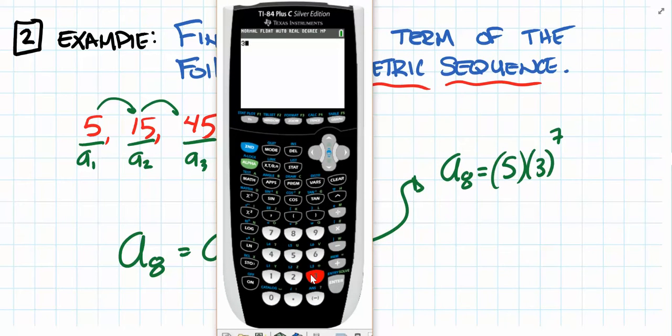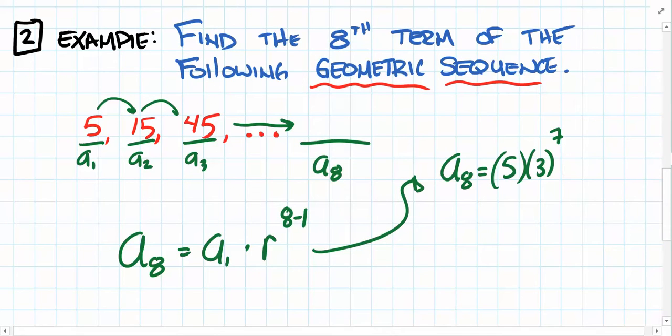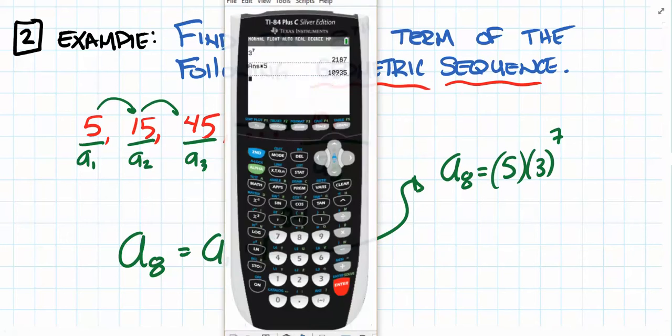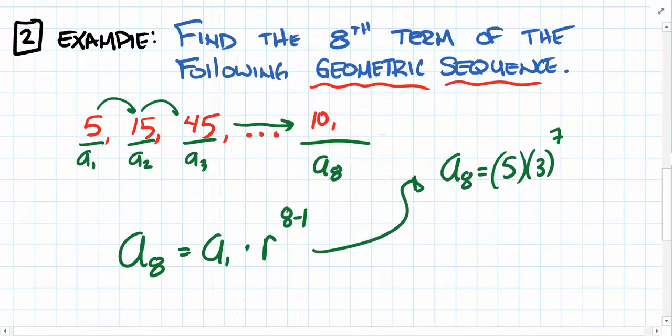I would go 3 to the 7th power first, and then multiply my answer by the number 5. And I'm getting 10,935. So the 8th term would be 10,935.